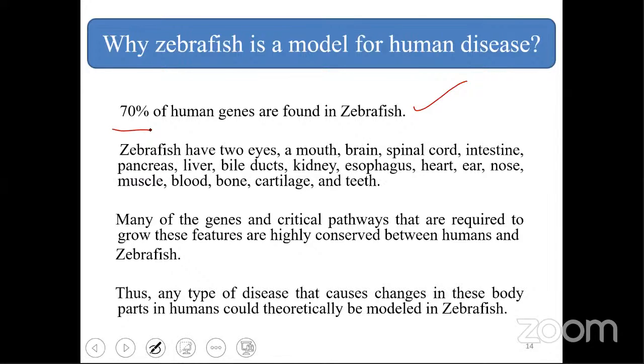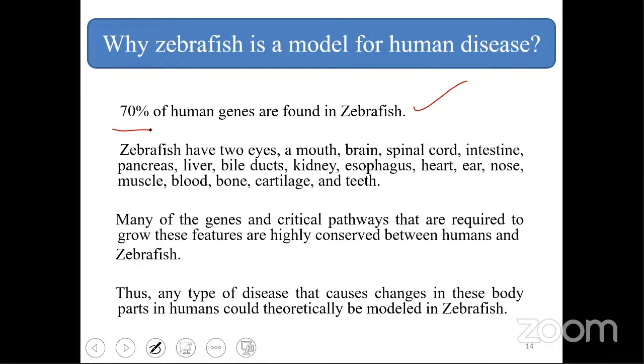In addition, the zebrafish has two eyes, a mouth, brain, spinal cord, intestine, pancreas, liver, bile ducts, kidney, esophagus, heart, ear, nose, muscle, blood, bone, cartilage, and teeth. So these are the parts present in the zebrafish.